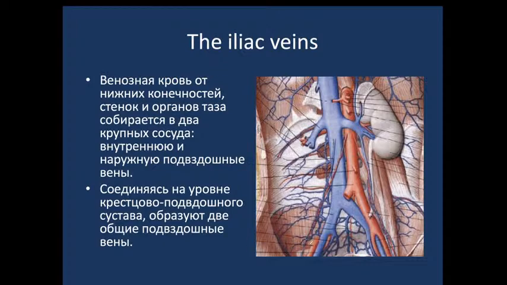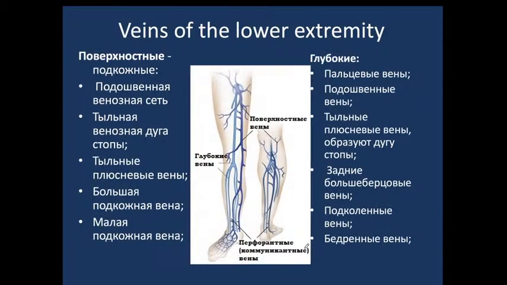Iliac veins: we have common iliac veins here, and internal and external iliac veins. Internal iliac veins collect blood from the pelvic organs, but external iliac veins transport blood from the lower limb. And here are visible lower limb veins, as well as for the upper extremity. We could find superficial veins here; superficial is dark.